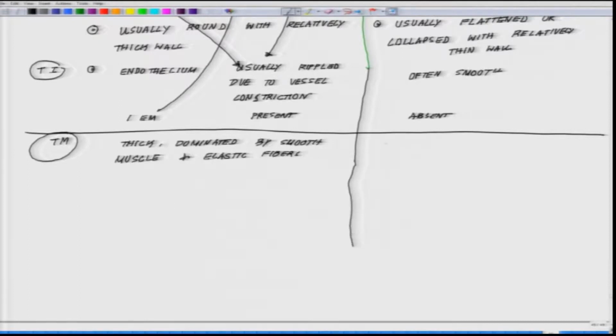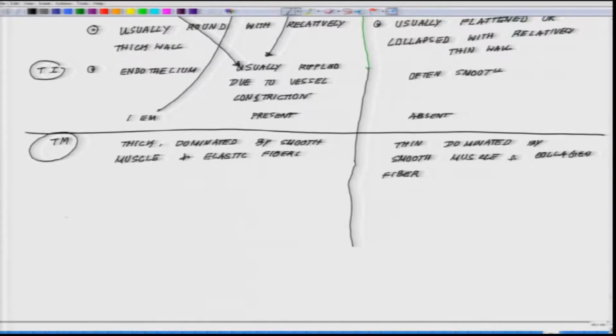Whereas in the veins, this is thin, dominated by smooth muscle and collagen fibers. So you are seeing that there are differences which are emerging out of it.